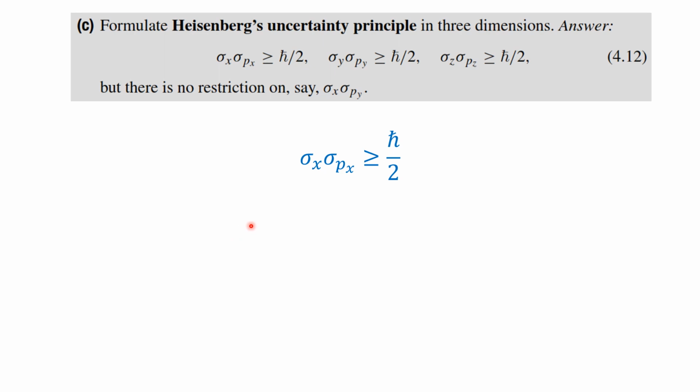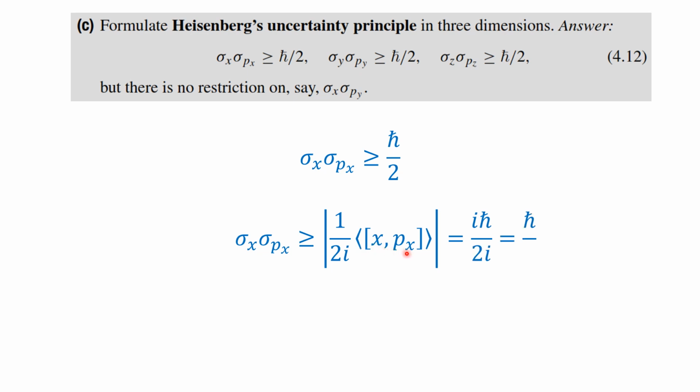We can write it in a generalized way: sigma x times sigma p x is equal to or greater than the modulus of 1 over 2i times the expectation value of the commutator of x with p x. We are taking the modulus, you remember, so the sign does not matter. The commutator of x with p x is equal to i h cross. Though I have written the expectation value, h cross is a constant, so you can take it out of the expectation value.